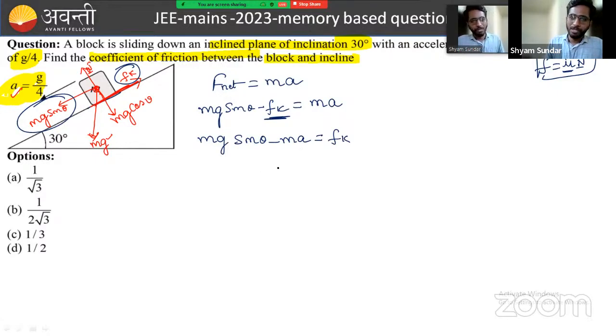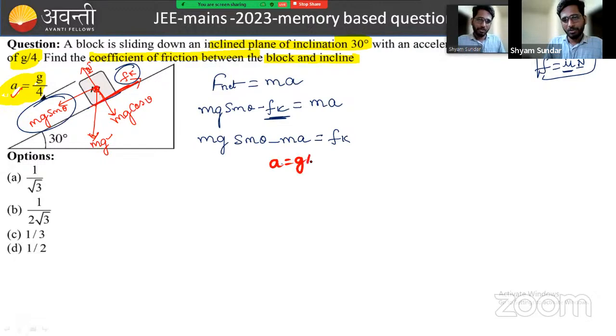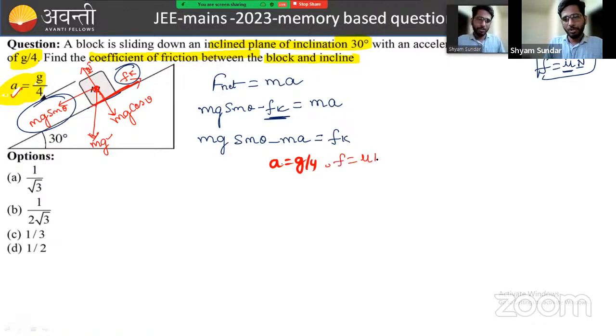We know that a is equal to g by 4, as they mentioned in the question itself. Look at the question once. They have already mentioned a is equal to g by 4. So a is equal to g by 4 and f is equal to mu into n.